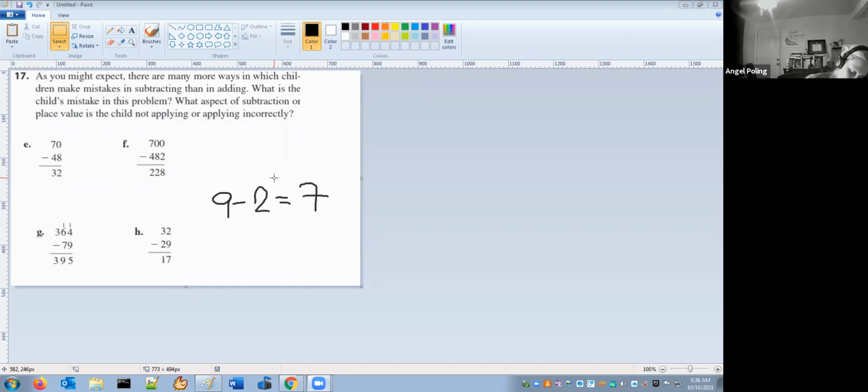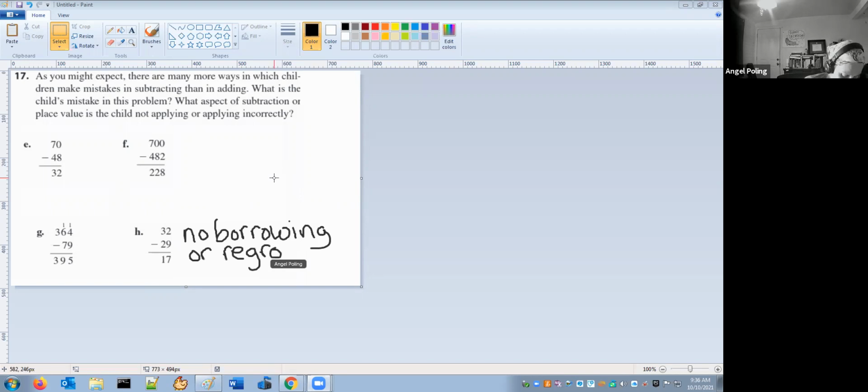But then they didn't need to do that in the 10's place. So they had the resulting answer of 17 instead of doing any borrowing and regrouping. So here, no borrowing or regrouping, but they did rearrange the numbers just for ease, right?